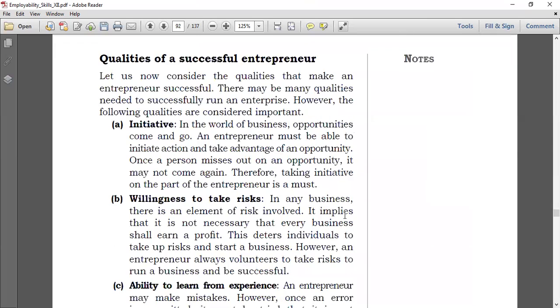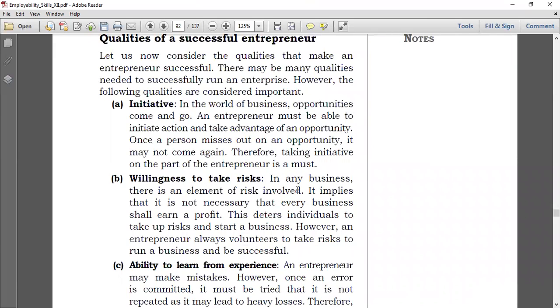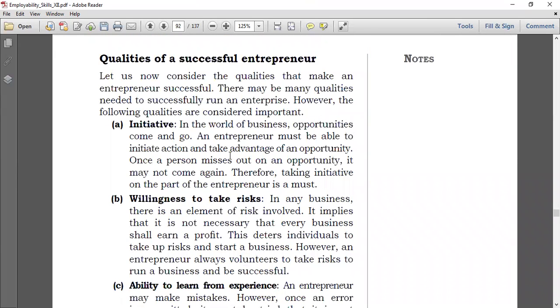Then qualities of a successful entrepreneur. What are the qualities required? First is initiative. All entrepreneurs must be initiative in their thoughts, right? They must be able to take initiating actions.